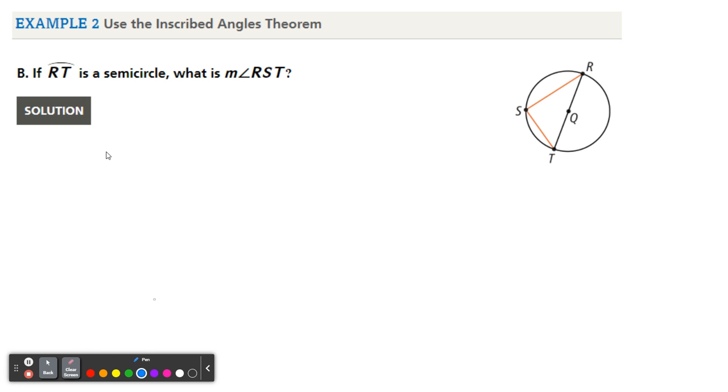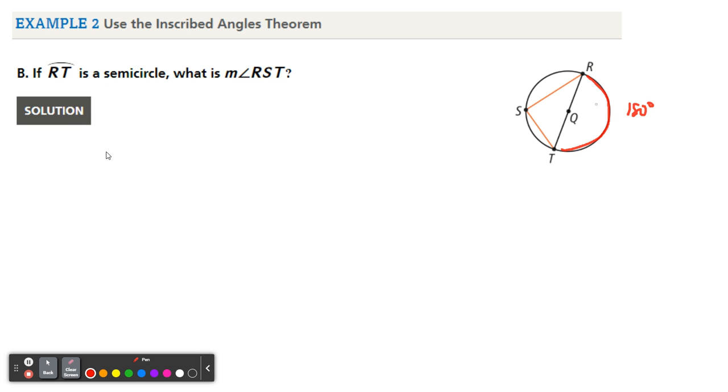Okay, next one. If arc RT is a semicircle, what is the measure of angle RST? So now we have this RT. They really should have used 3 letters, but this RT is a semicircle, right? If RT is a semicircle, then it means that this arc measures 180 because it's half of 360.